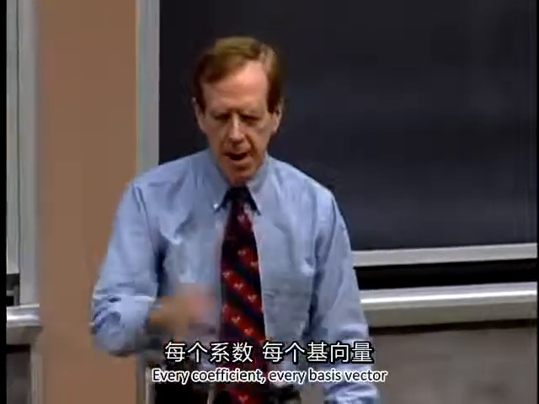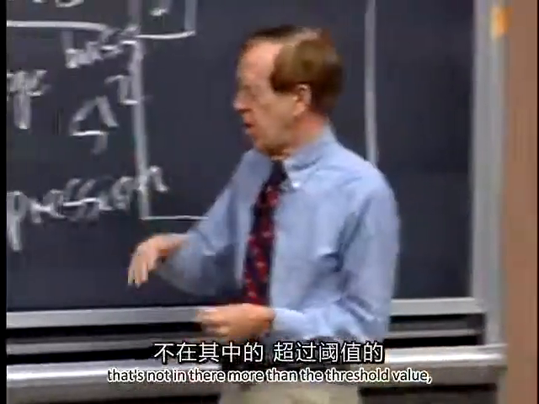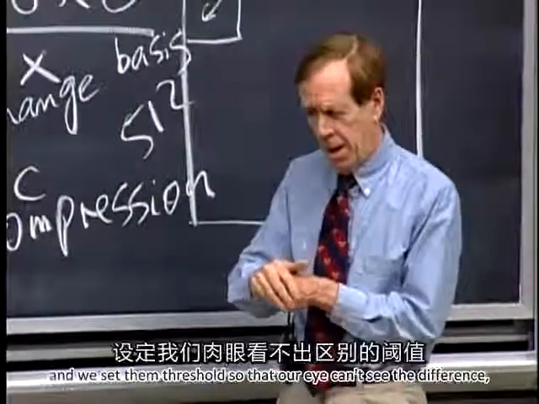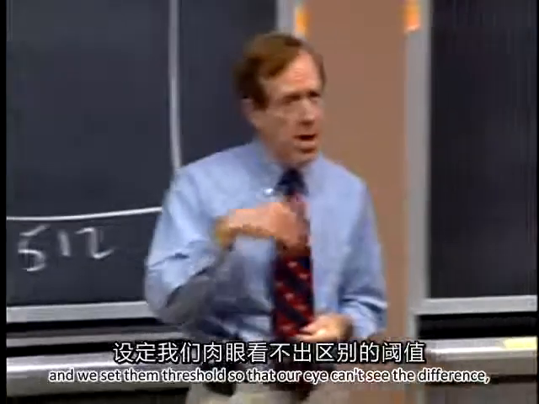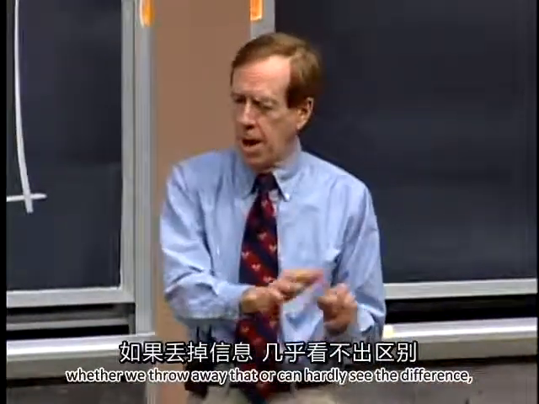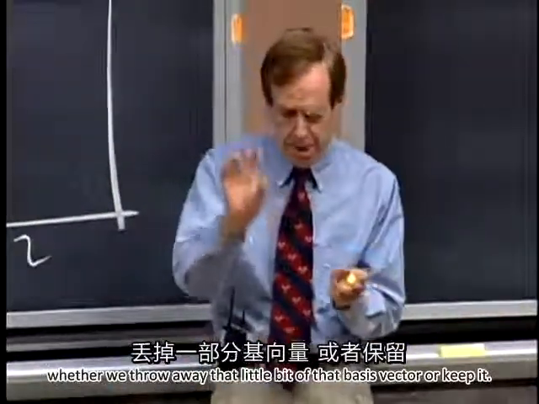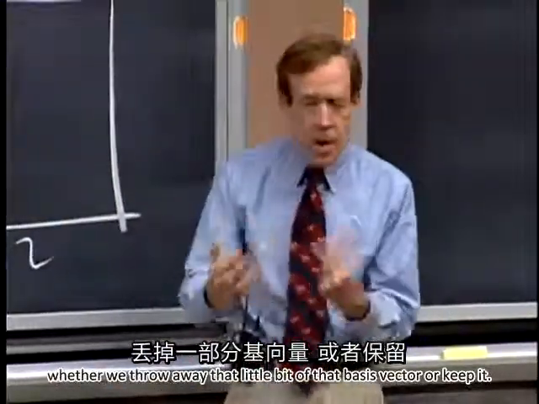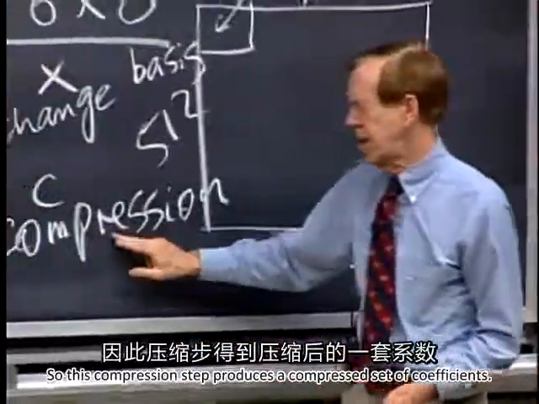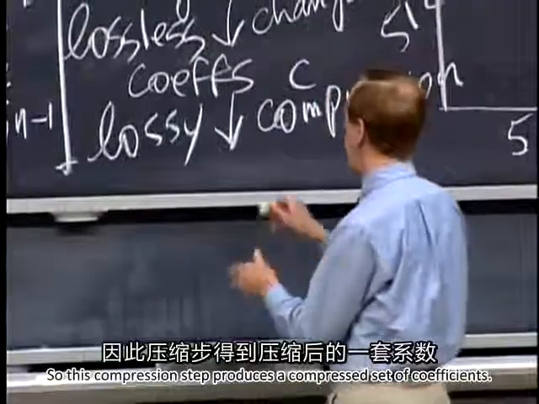Every coefficient, every basis vector that's not in there more than the threshold value, we throw away, and we set the threshold so that our eye can't see, or can hardly see, the difference whether we throw away that little bit of that basis vector or keep it. So this compression step produces a compressed set of coefficients.